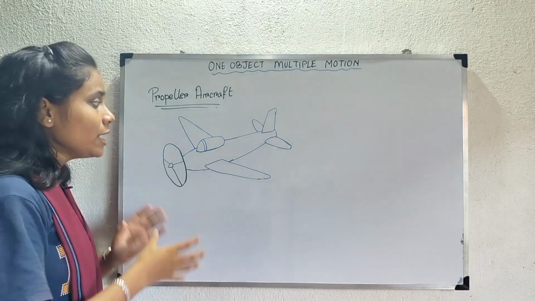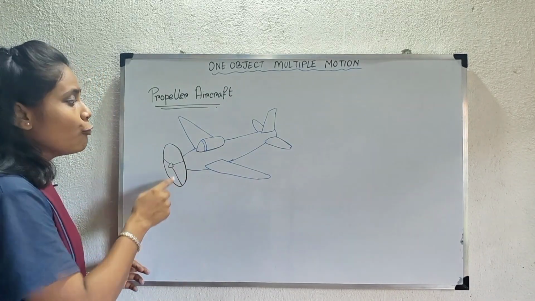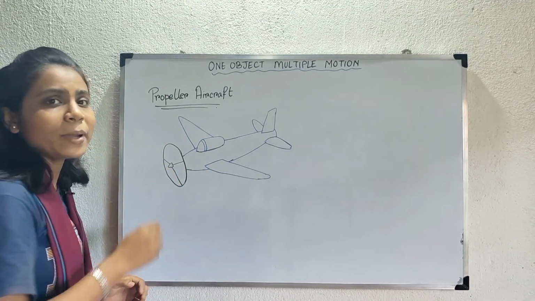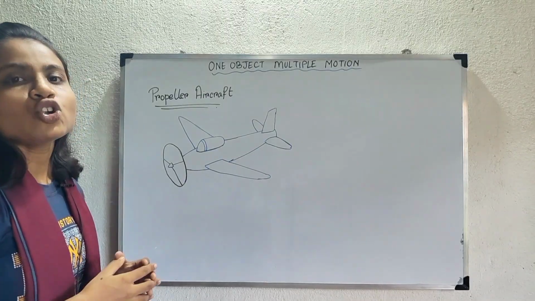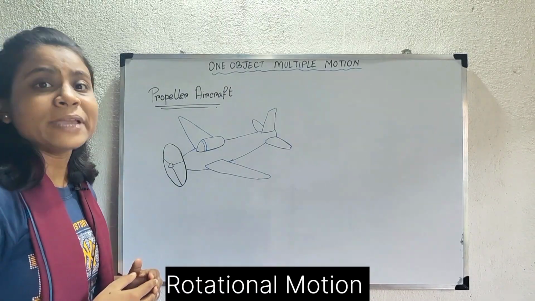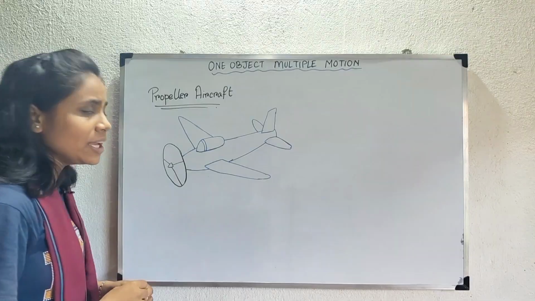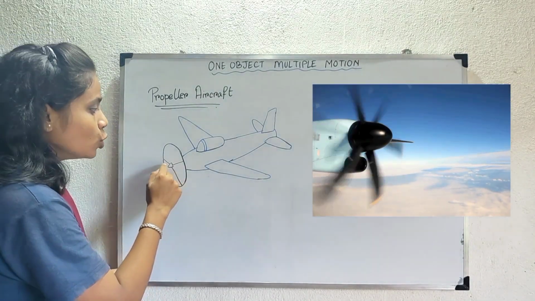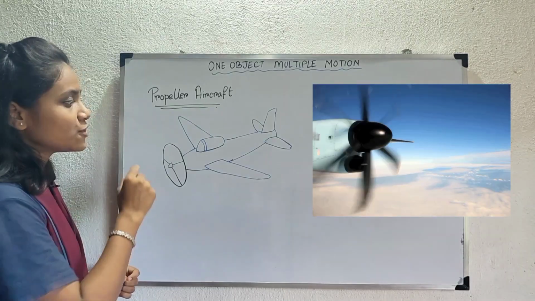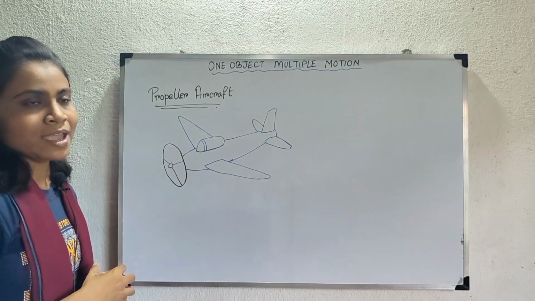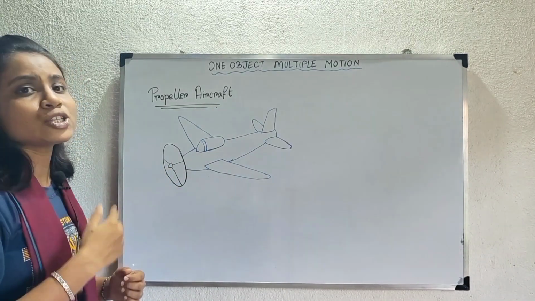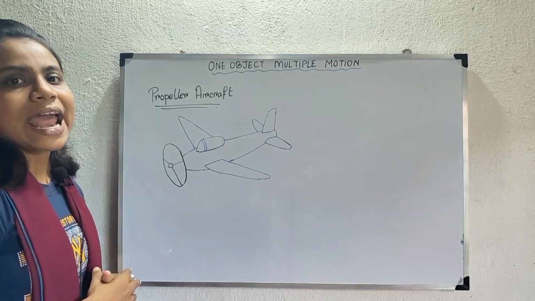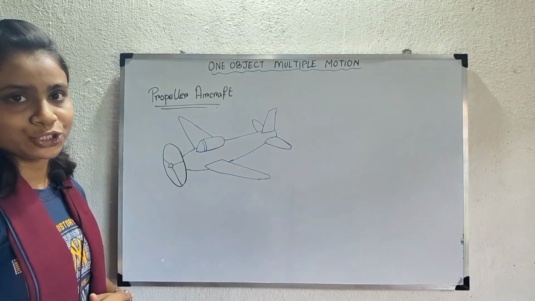But the propeller in front of the plane shows rotational motion, because the blades rotate about an axis which is fixed to the plane. Thus, the propeller is rotating about an axis and hence it shows rotational motion.